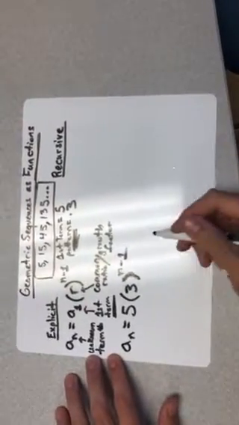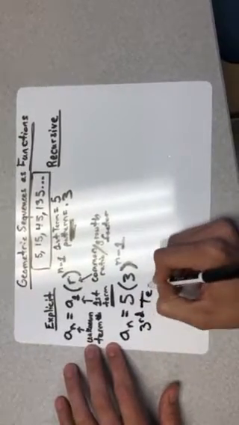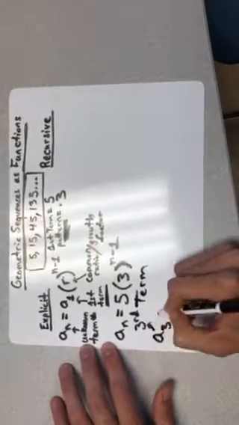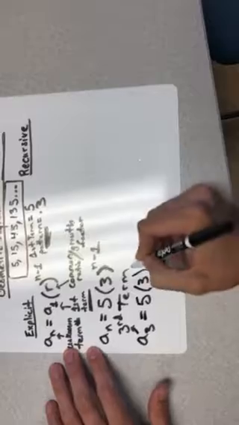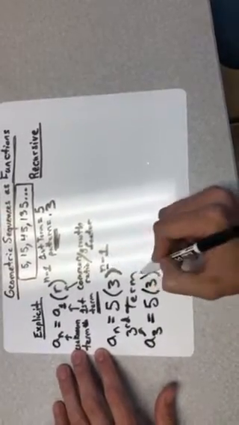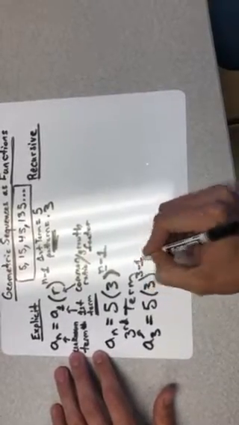For example, if I want to find the third term, I write a sub 3, which stands for the third term, equals 5 times parentheses 3, and then I have an n here, so I write 3 for n, subtract 1.